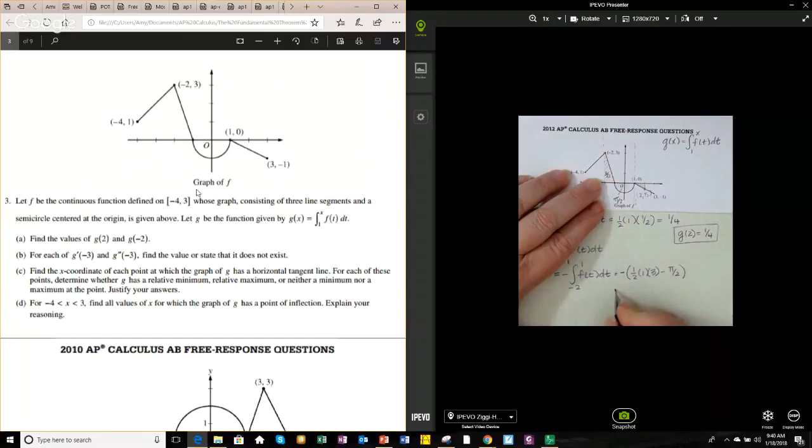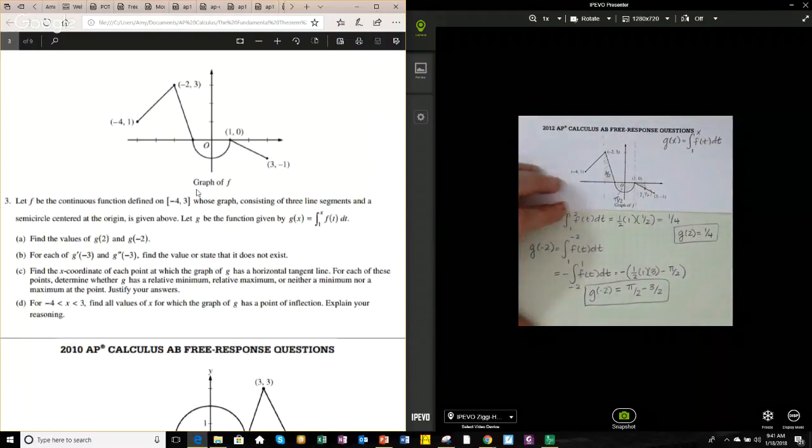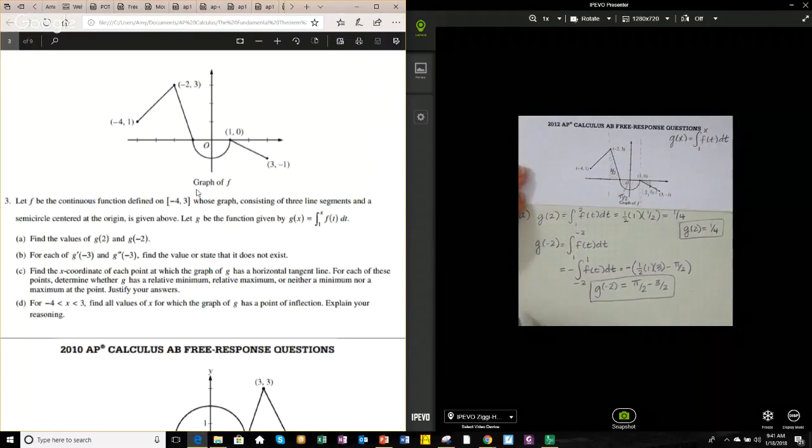But I'm going to have to be doing a subtraction here. So I'm going to distribute this negative. So I'm really going to get pi over 2 minus 3/2. So g of negative 2 is equal to pi over 2 minus 3/2. Okay, that's part A. Part B. I'm going to get onto another sheet of paper here.